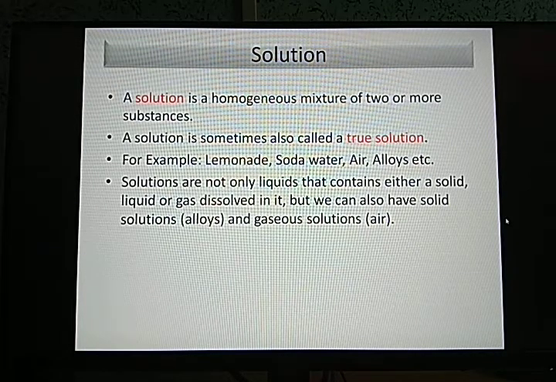No, it can be solid and solid also, for example alloys. And it can be a mixture of gas and gas also, just like air. Air is a mixture of various gases. Clear?